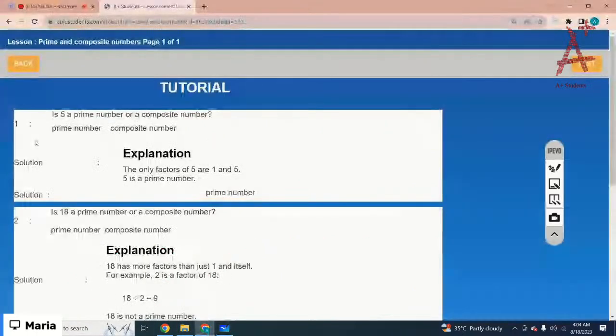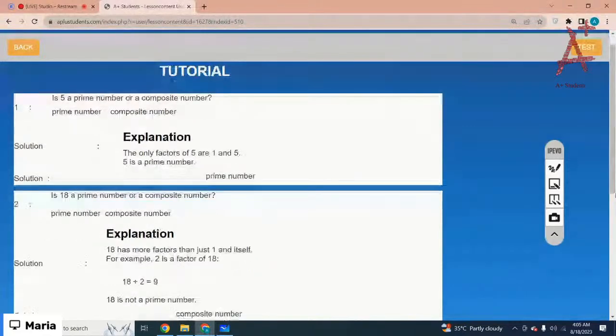Is 5 a prime number or composite number? Which is the correct option? 5 times 1 is 5, right? There are only two factors of 5. So 5 is a prime number, right? The next one: is 18 a prime or composite number?